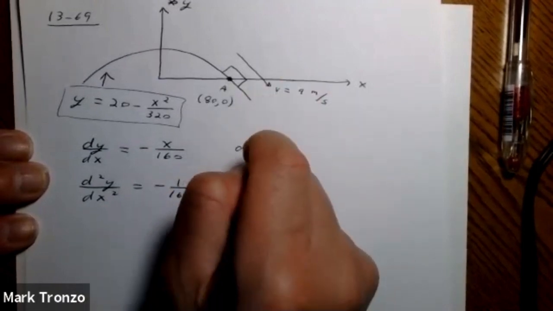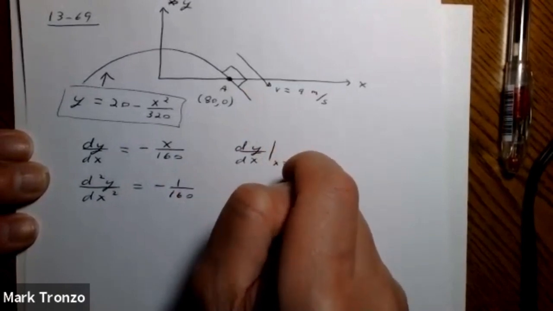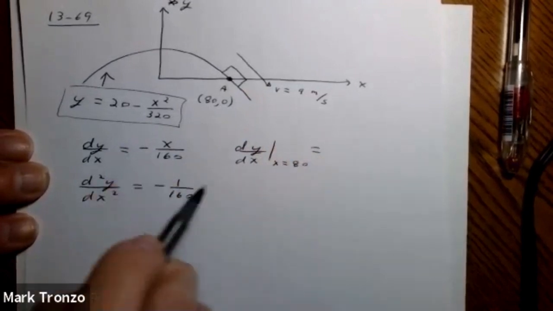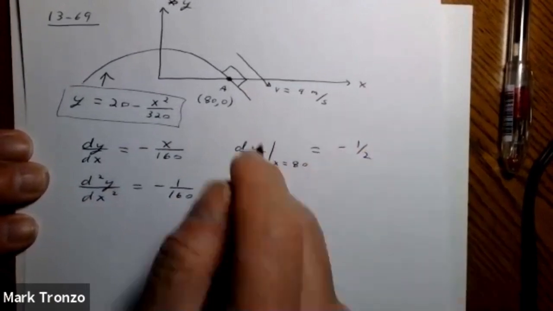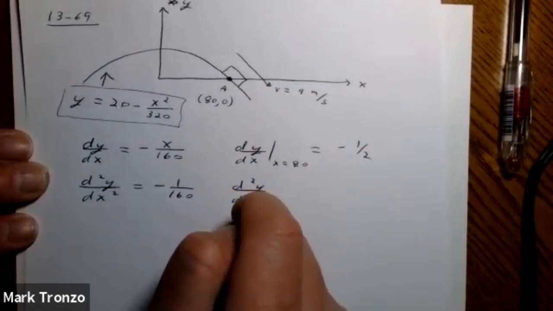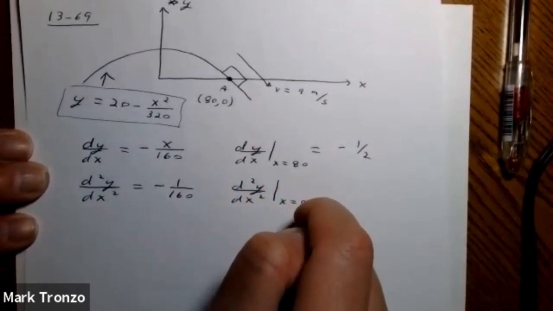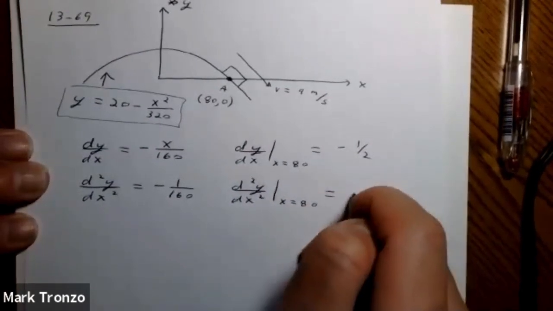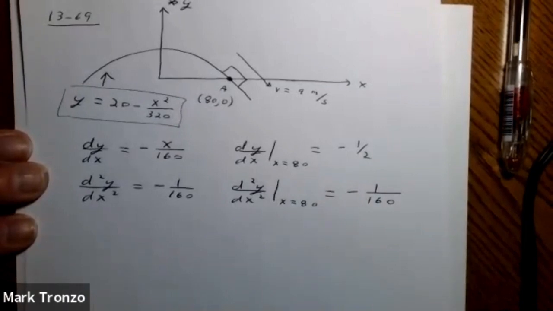So dy dx evaluated at x equal 80, you can see that's going to be minus a half. And d squared y dx squared at x equal 80 is minus 1 over 160.